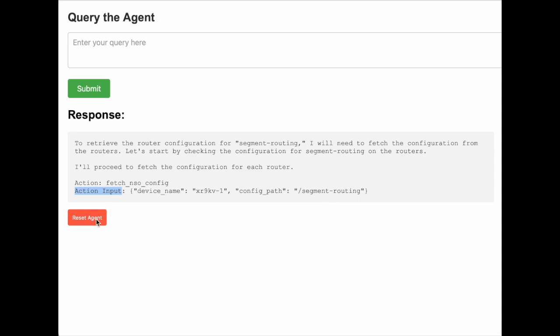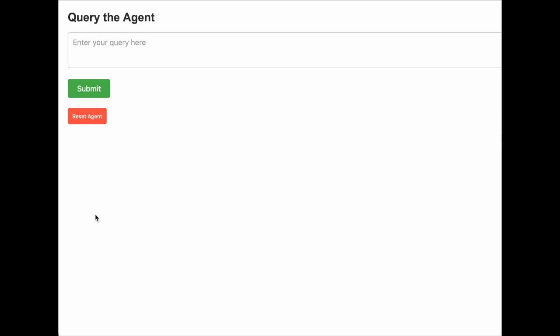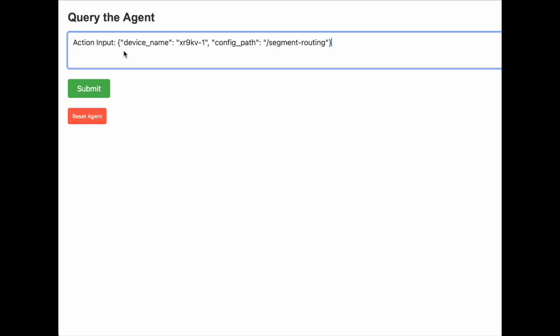Okay, he understood, but of course he ran out of tokens, so let's reset the agent again and let's check. Please show me the configuration.